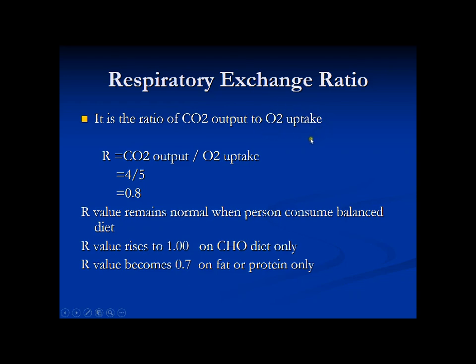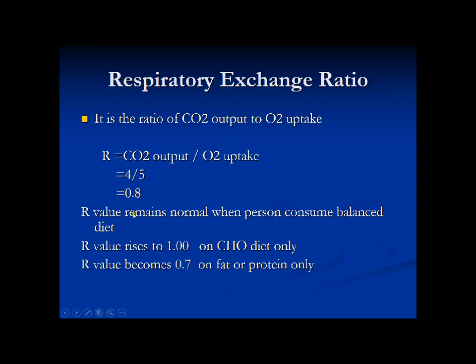In every 100 ml of blood, 5 ml of oxygen is taken up and 4 ml of carbon dioxide is eliminated from the blood. So it is the ratio of carbon dioxide output divided by oxygen uptake. The 4 ml of carbon dioxide is output in place of the uptake of 5 ml of oxygen. So the respiratory exchange ratio R value is normally 0.8.